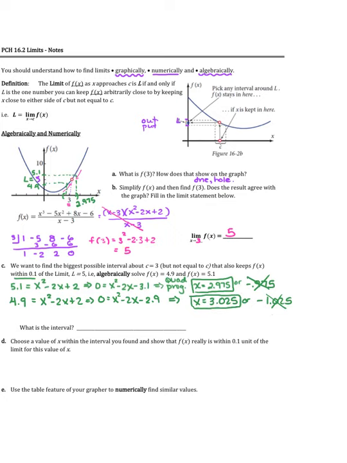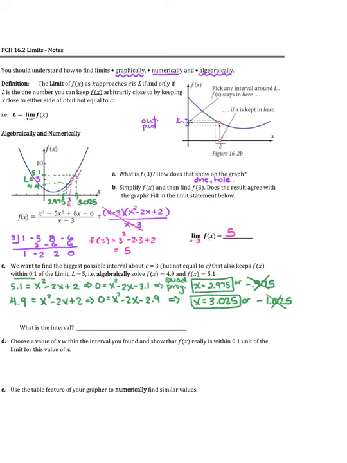So corresponding to 4.9, I got an interval here of 3.025 and 2.975.